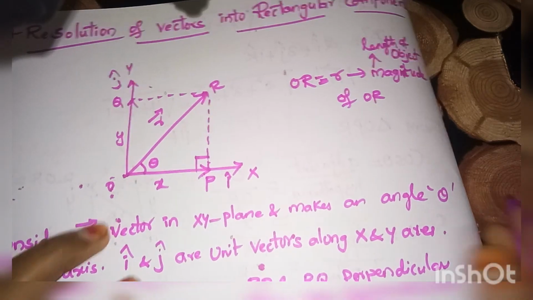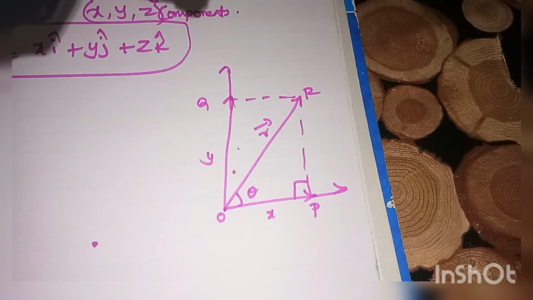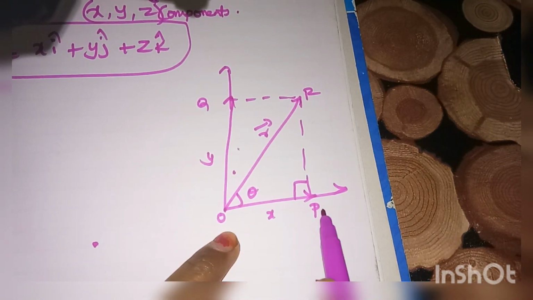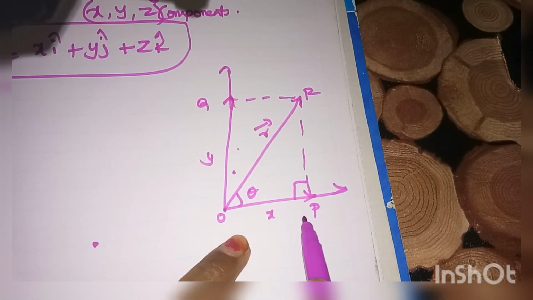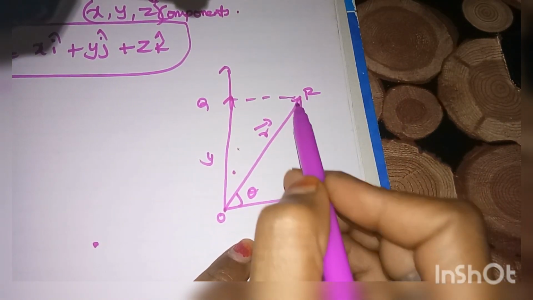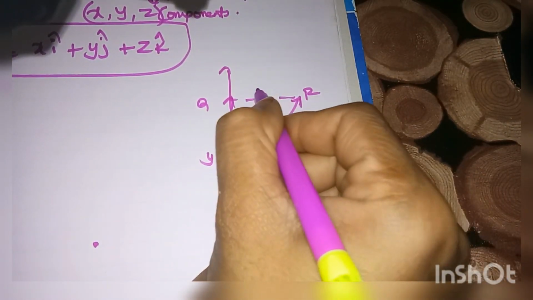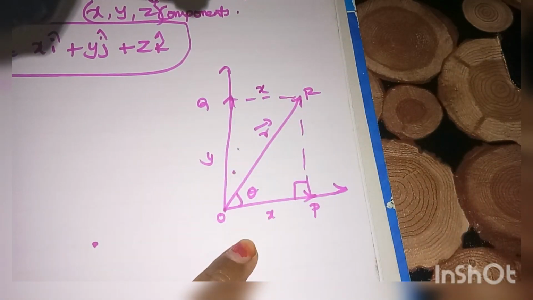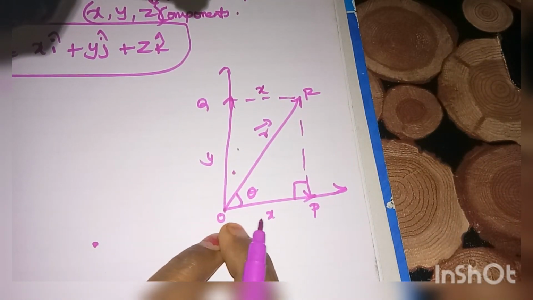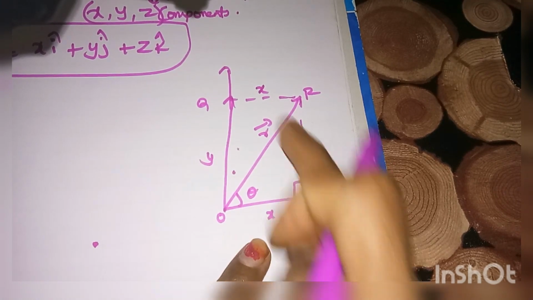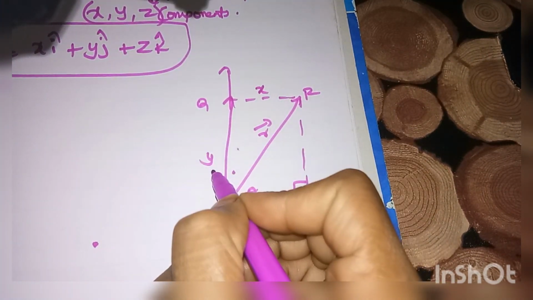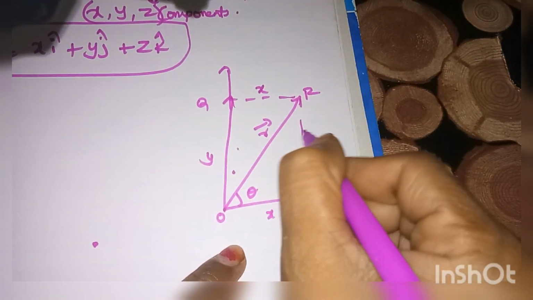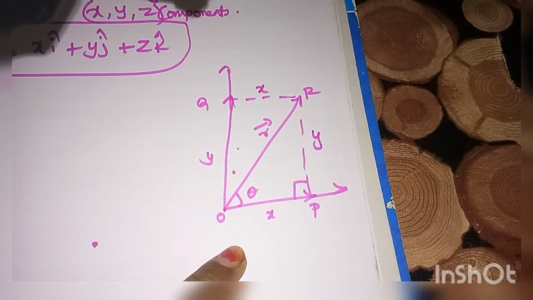So from this we can write that. I said the magnitude of OP is x. This OP is parallel to QR, so this magnitude also becomes x here. The parallel sides' magnitudes will be equal. So as the magnitude of OQ is y, the magnitude of PR will also be y here.